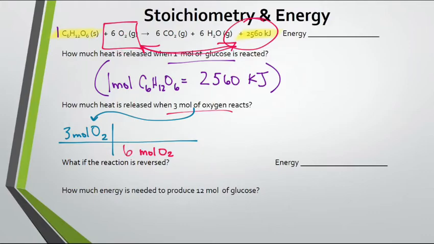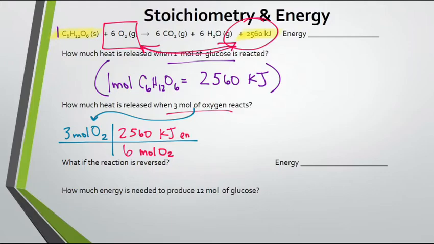And if that 6 moles of O2 went on bottom, then the 2560 kilojoules is going to go on top. And this is the only exception to needing number, unit, and substance. There's not really a substance here when we have our energy.